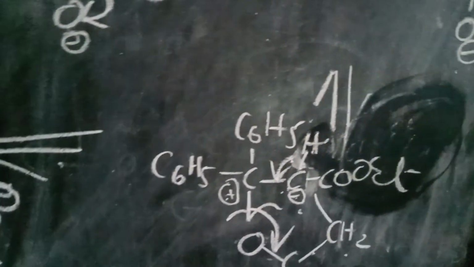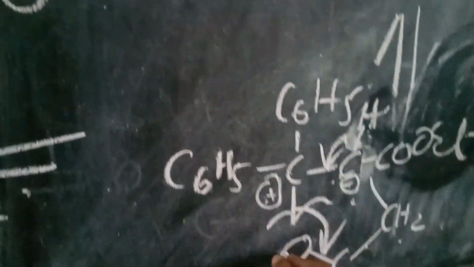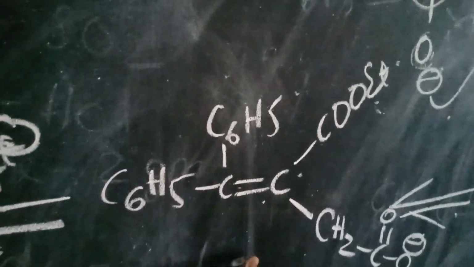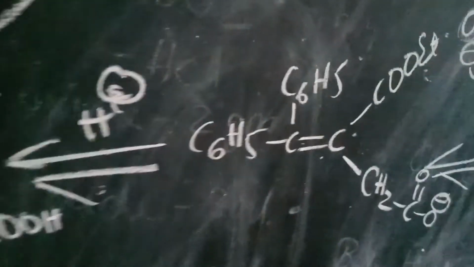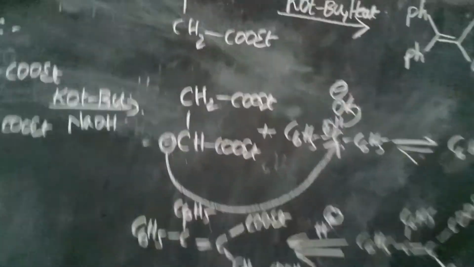In the next step, elimination of proton and breaking of the bond between carbon and oxygen forms a product like this. In the final step, it is treated with a proton source, forming alkylidene succinic ester. This is about Stobbes condensation.